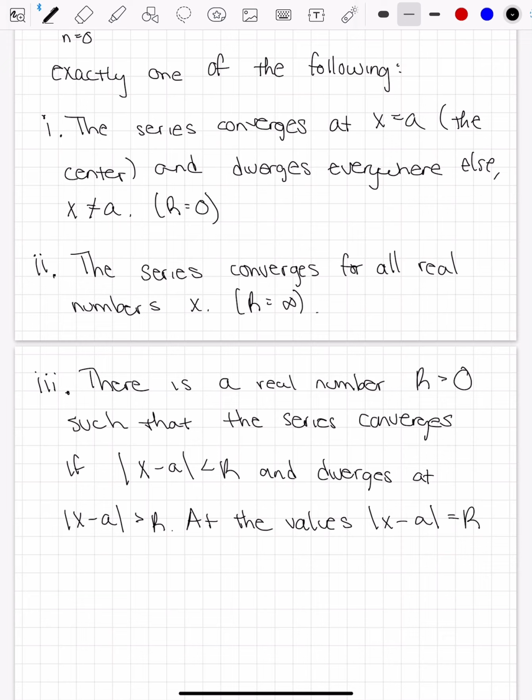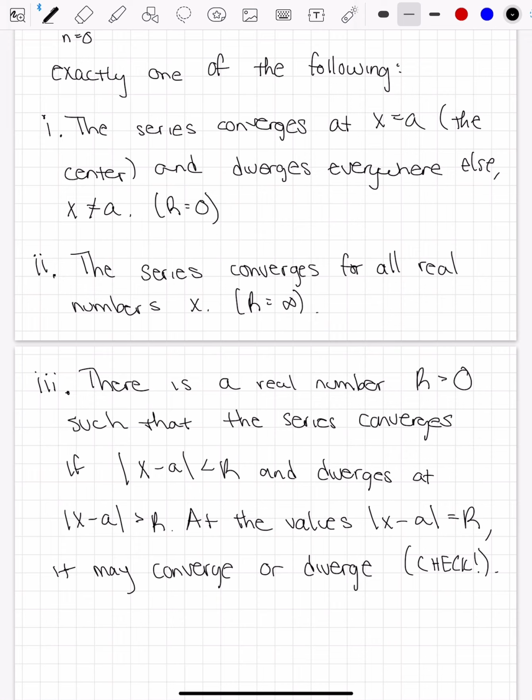So you have to plug in that x value: solve for x and then plug that in. So at those values, it may converge or diverge. That is your job to check.